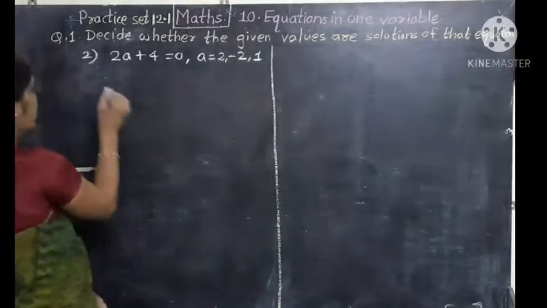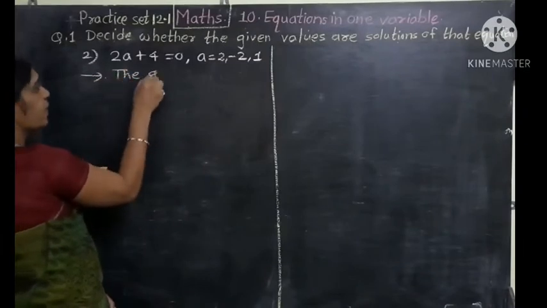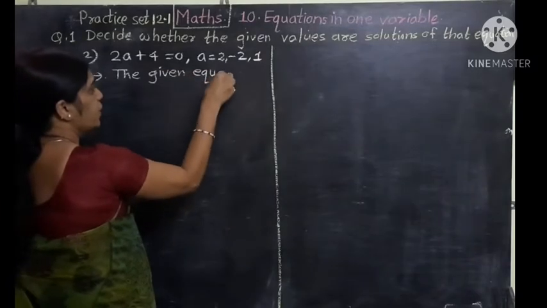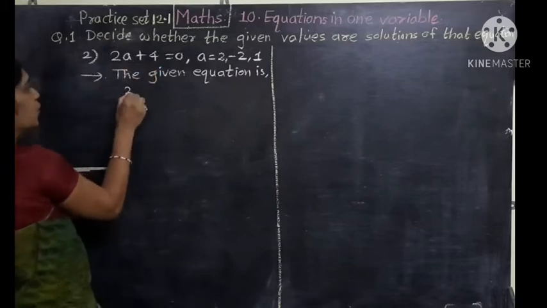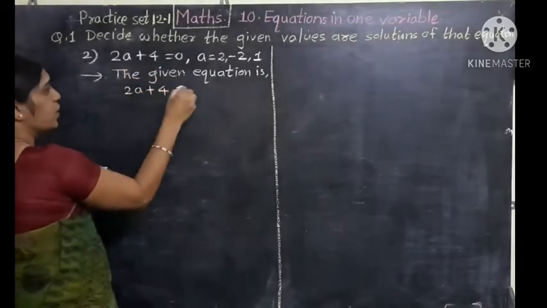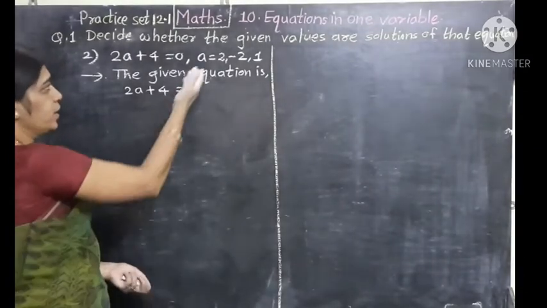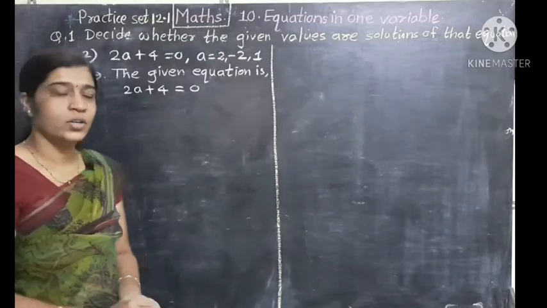So let's try. The given equation is 2a plus 4 is equal to 0. So we have to find whether these values are solutions of that equation or not.